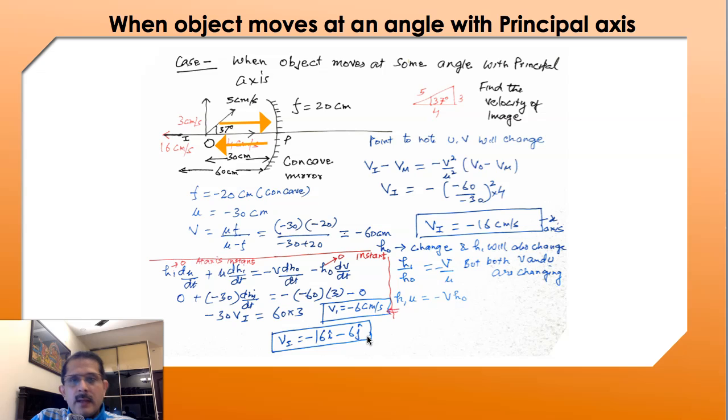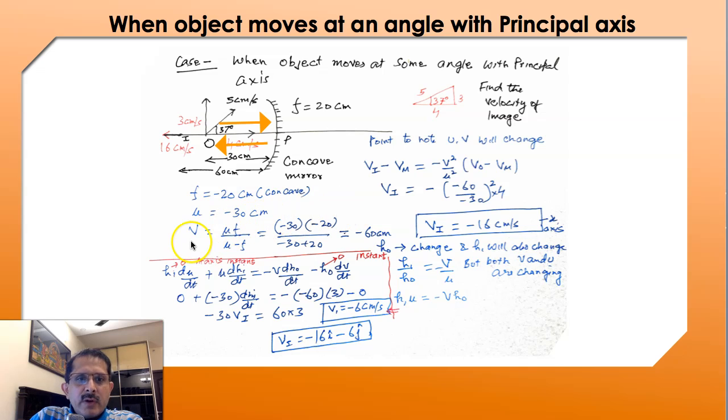Okay, let me reiterate the whole question again. See, in this case they have given that the object is going in this direction at a speed of 5 centimeter per second. So what we are doing is, we will break it into horizontal and vertical components.